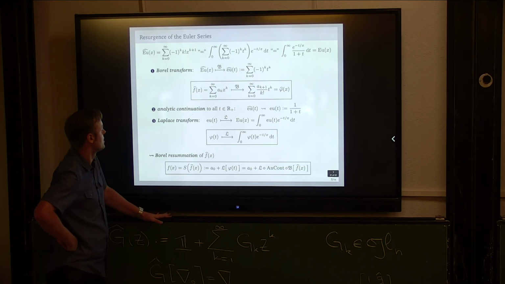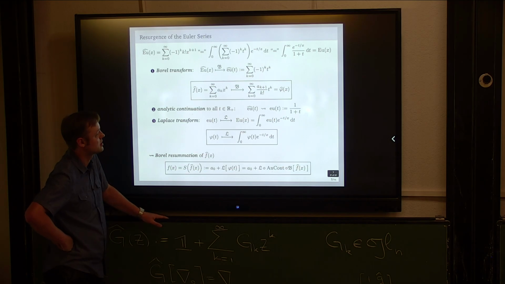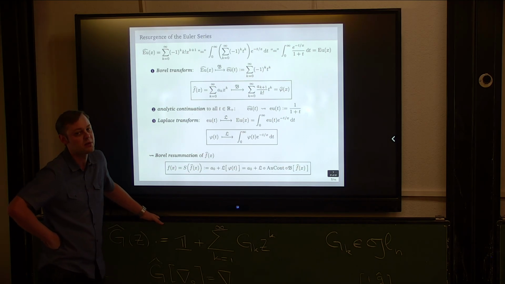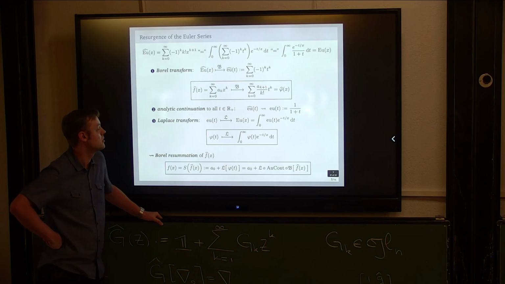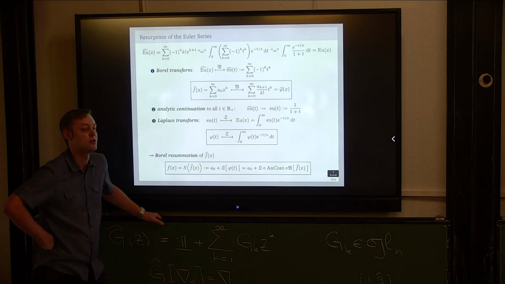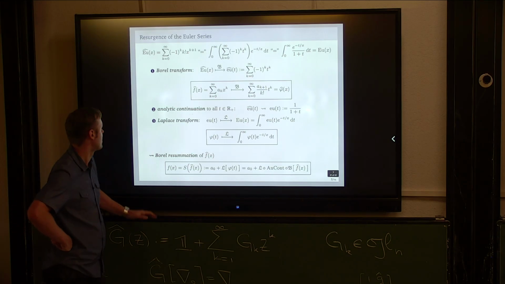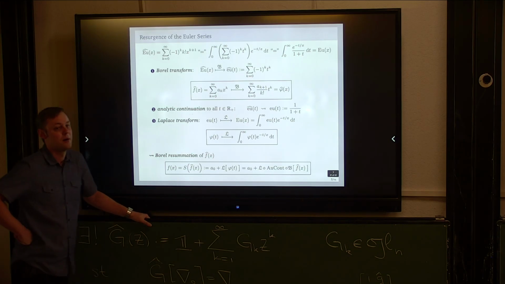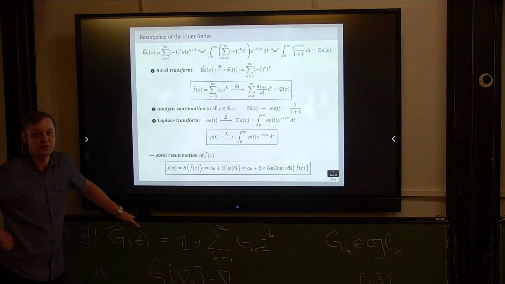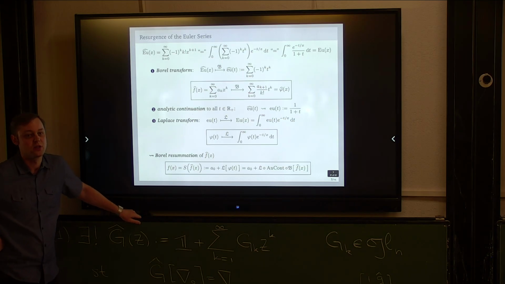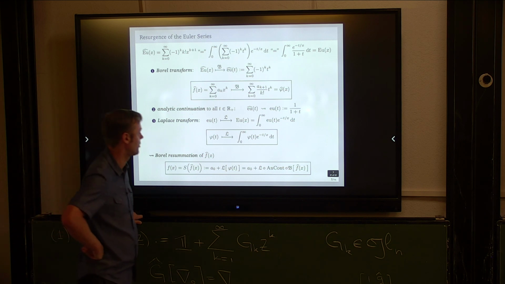The really difficult step, if you look at any paper that properly discusses Borel summation of some quantity, 95% of the work in that paper is spent on step 2. Analytic continuation of holomorphic functions is genuinely a very difficult, highly non-trivial operation.